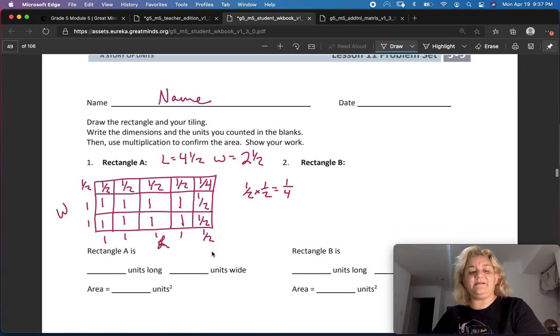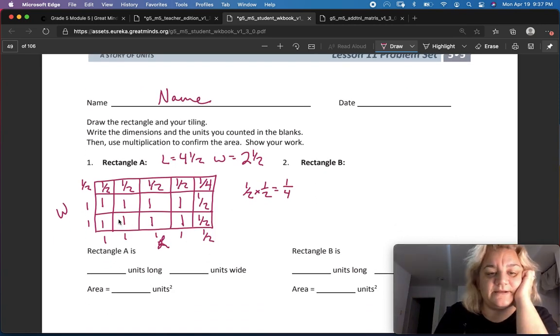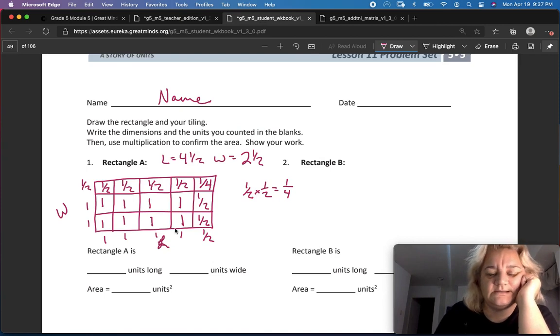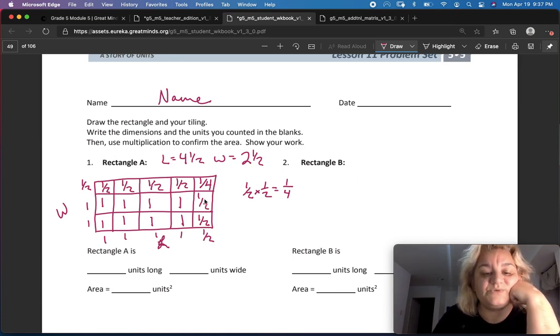Now I can add them all up, and I'll find my area, okay? So the dimensions and the units, what units were they using? Does it say? It just says units, okay. So I have 1, 2, 3, 4, 5, 6, 7, 8, plus a half is 9, plus another half is 10, plus another 2 halves is 11, and a fourth.